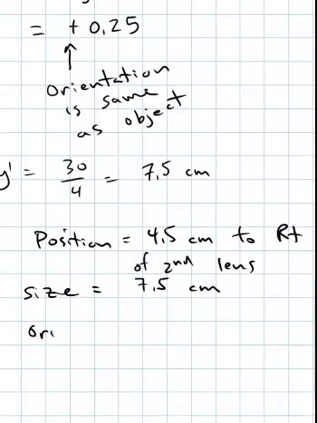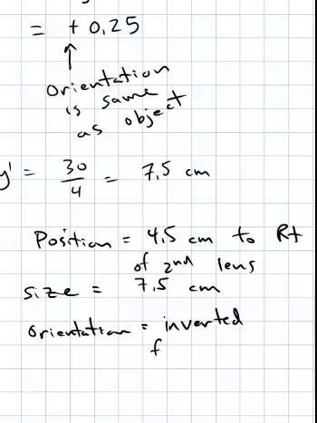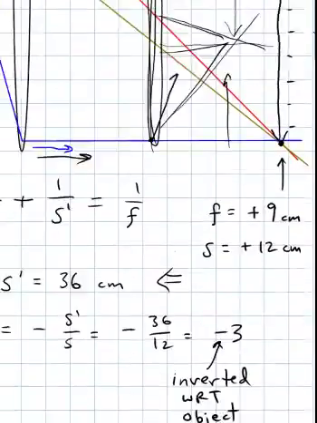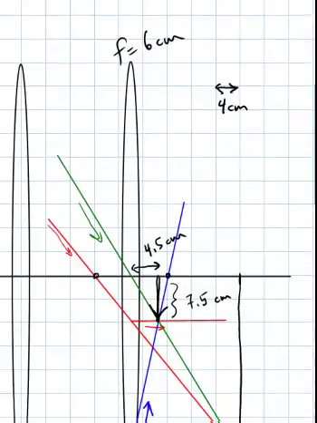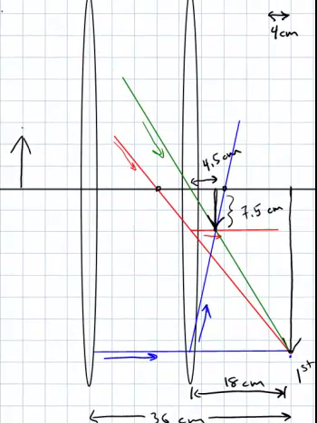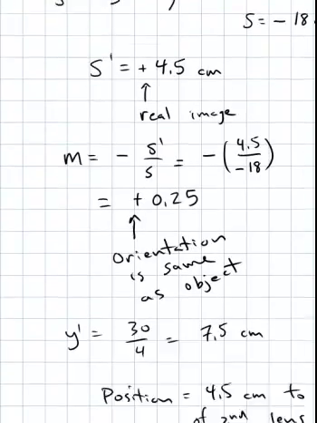The orientation is inverted from the original object. Right? Let's go back up to the beginning. Here we go. The original object is pointing up, and our final image is pointing down. So it's inverted from the original.